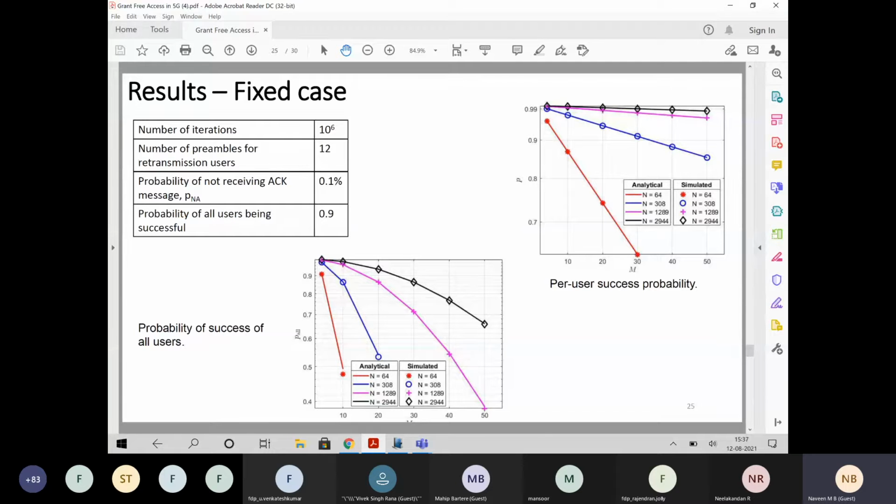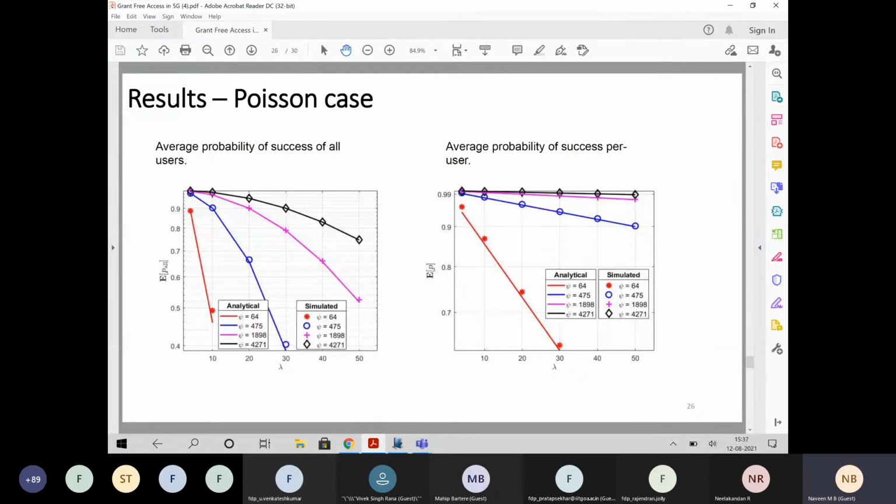So this was more like an overview, proving that if you increase it by this much, you can support more users. Same sorts of results we observed even in the Poisson case. With around 475 preambles, you can easily support 10 users. Just to give you an example, in massive MIMO they needed 64 antennas to support 10 users.